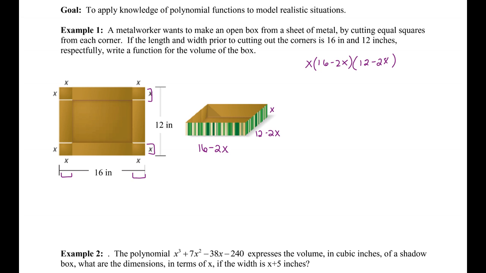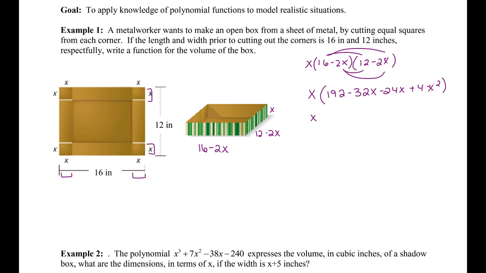I'm going to start with foiling the two binomials, and I'm going to leave the x out front, making sure that I have parentheses still to keep it separate. We'll get 192 minus 32x minus 24x plus 4x squared.